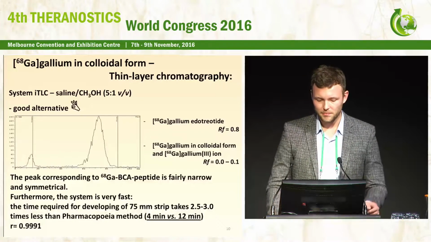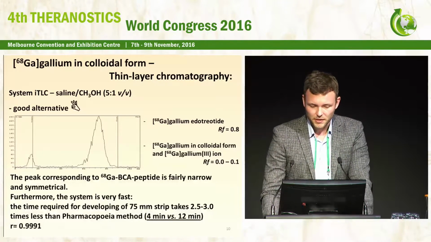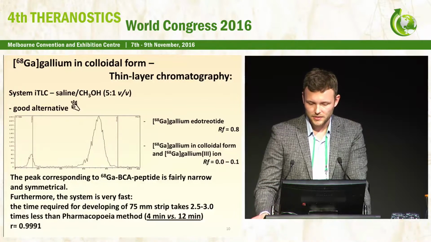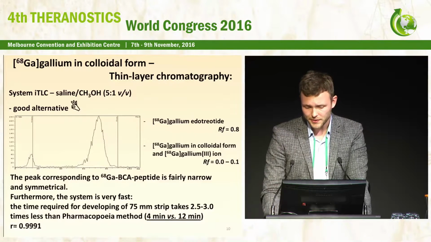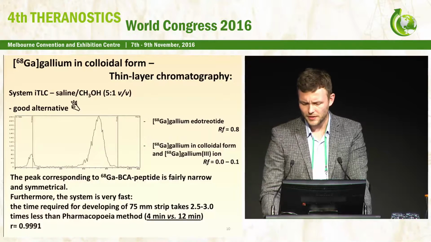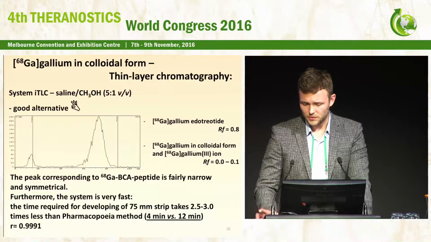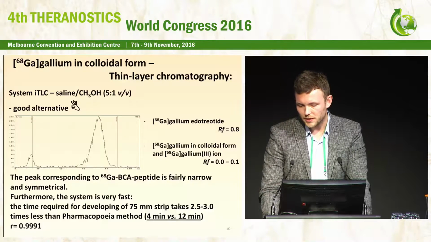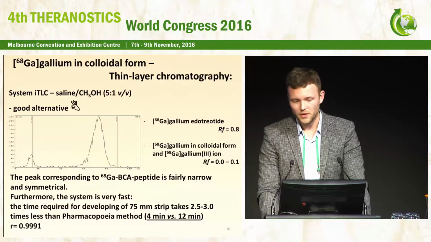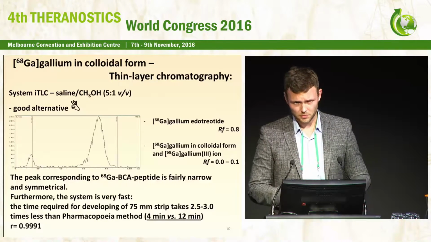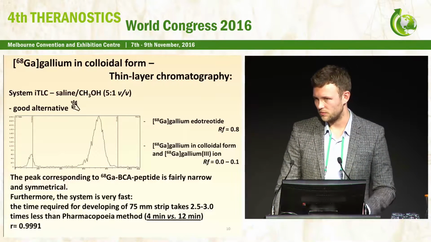It's absolutely the same, but in this system the peak corresponding to the gallium peptides is fairly narrow and symmetrical, and the system is really fast. For example, for a 75 millimeter development of the strip, it takes only 4 minutes versus 20 minutes for the pharmacopoeial method. And the correlation between these two methods is around 1.